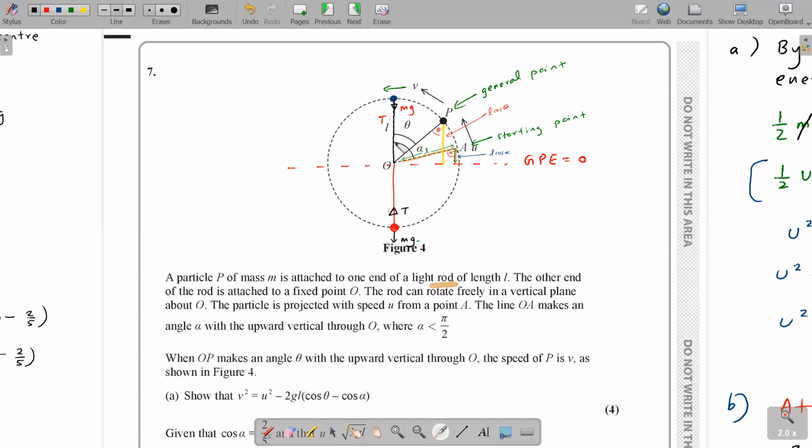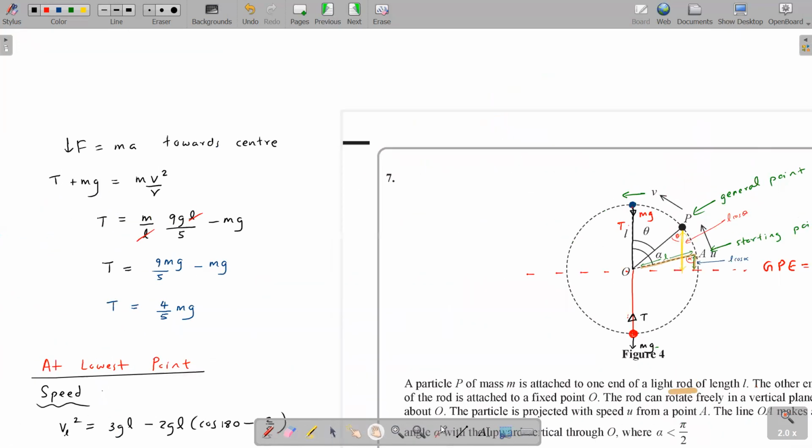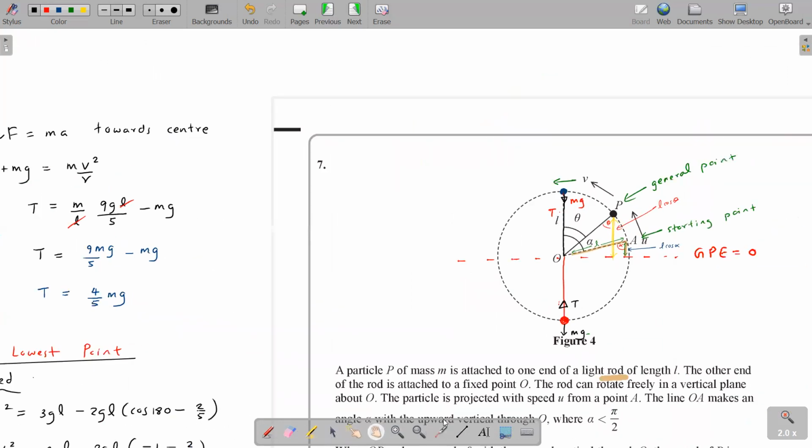Now, which is the lowest and which is the highest? At the topmost point, the tension and mg are both working together, so this is the place where you have the lowest tension.